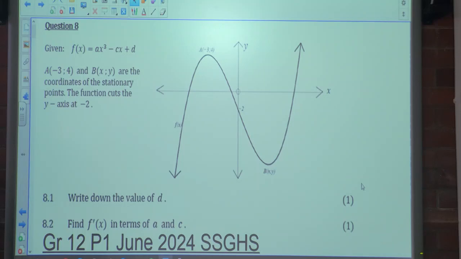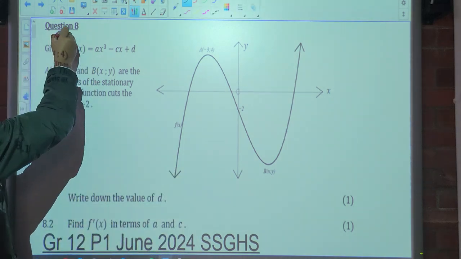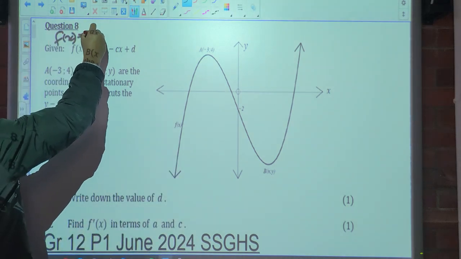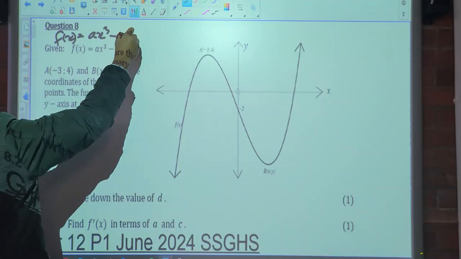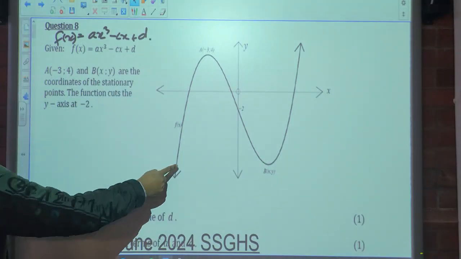Alright, so here we are told that f of x is equal to ax cubed minus cx plus d, and A, which is negative 3 and 4, and B, which is x and y, are stationary points, or turning points. The function cuts the y-axis at negative 2. Everything else is on the diagram.